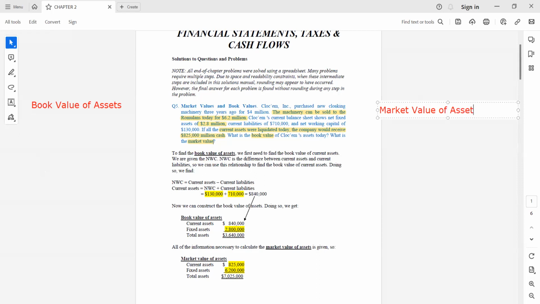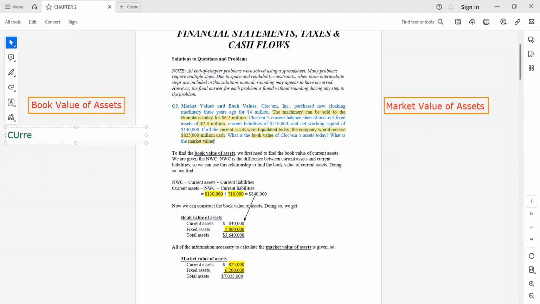Although it seems like a lot of calculations, we use back what we learned in the beginning of the class, and things will be way easier. They ask you to calculate the book value of assets and the market value of assets. The first thing, you say that for assets, we have current assets and non-current assets. We write that first.